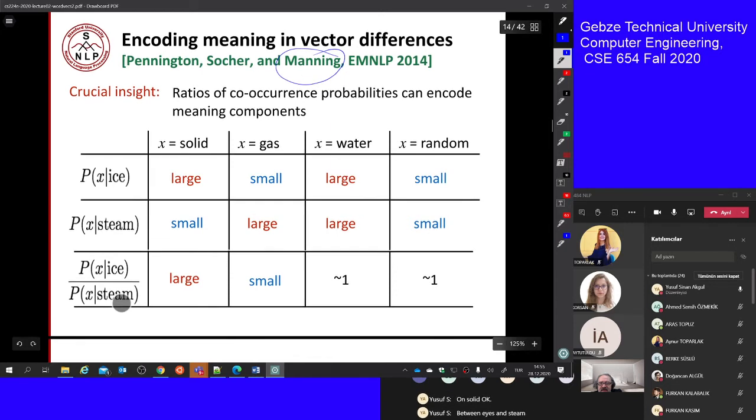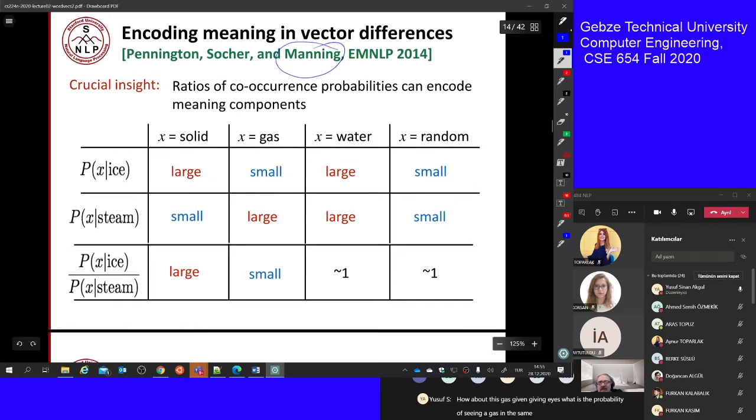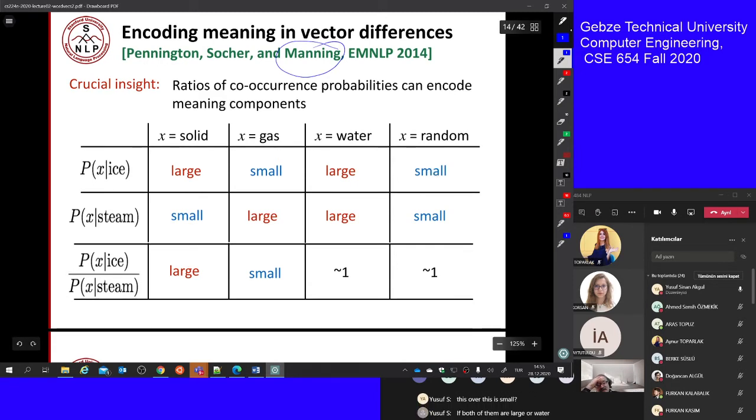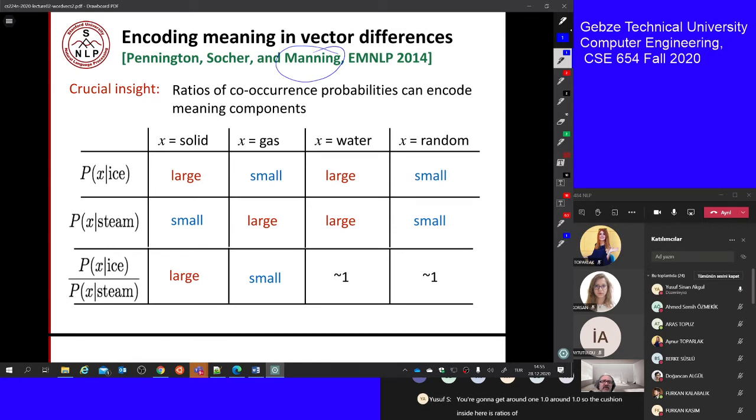So this division is large. How about gas? Given ice, what is the probability of seeing gas in the same sentence? It is small. But given steam, what is the probability of seeing gas? It is large. This over this is small. If both of them are large or both of them are small, then you're going to get around 1.0. So the crucial insight here is ratios of co-occurrence probabilities can encode meaning components.